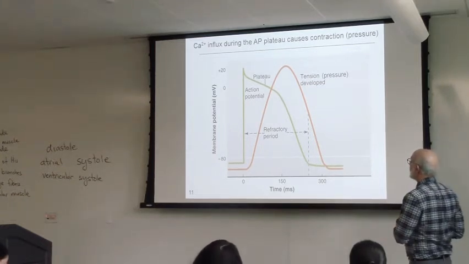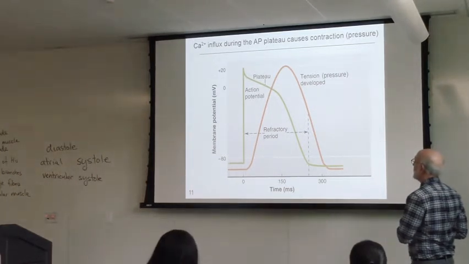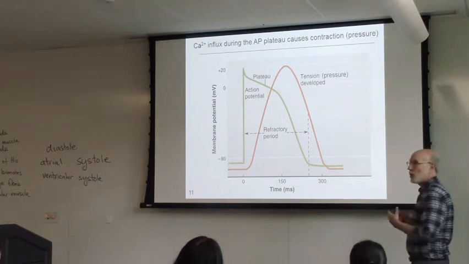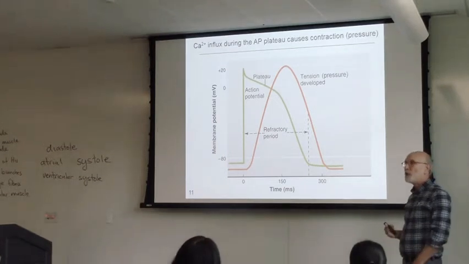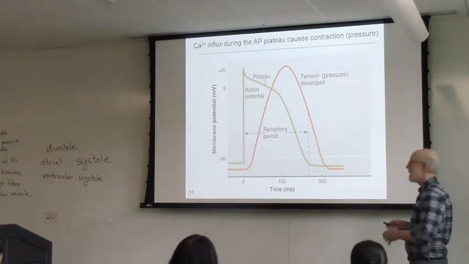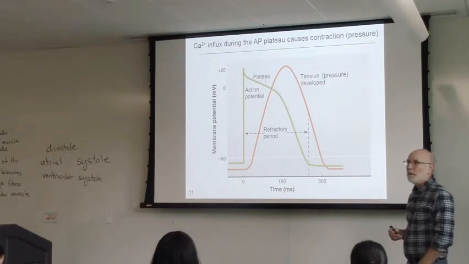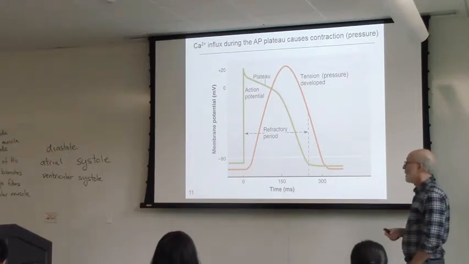Let's not worry about refractory period. Let's just focus on the fact that the calcium influx during the plateau of the action potential is what triggers contraction and the generation of pressure, which is delayed a little bit behind. So electrical events are relatively fast, and pressure events are delayed a little bit. This is one heartbeat.